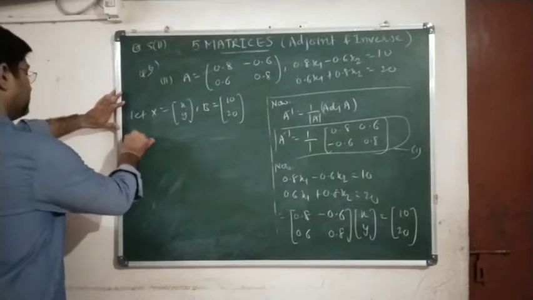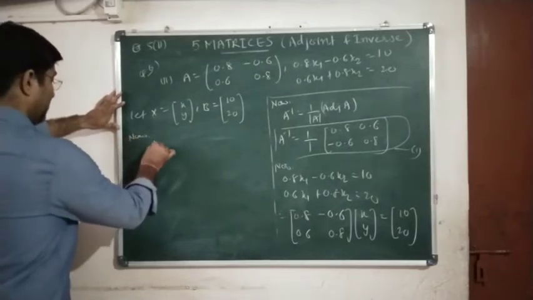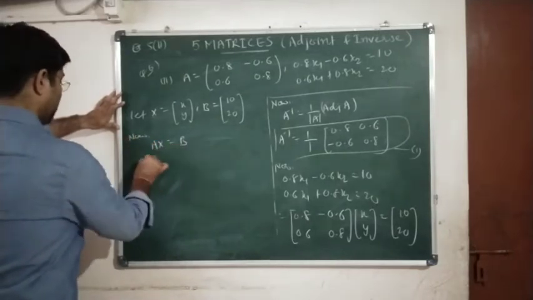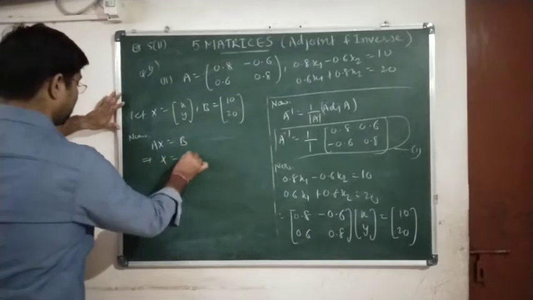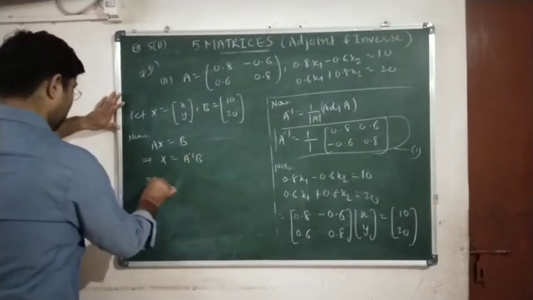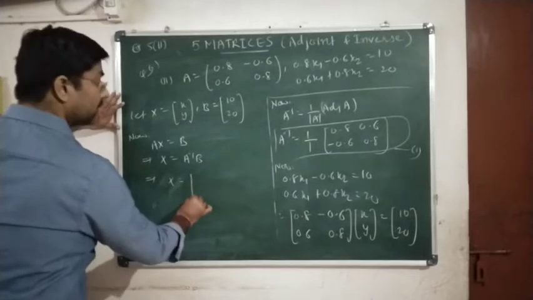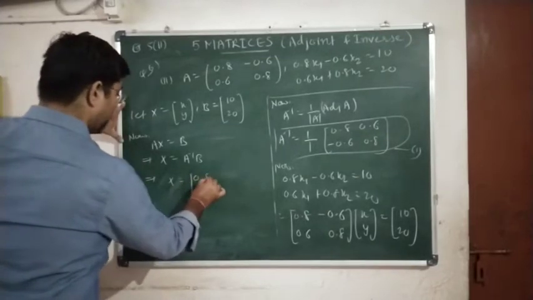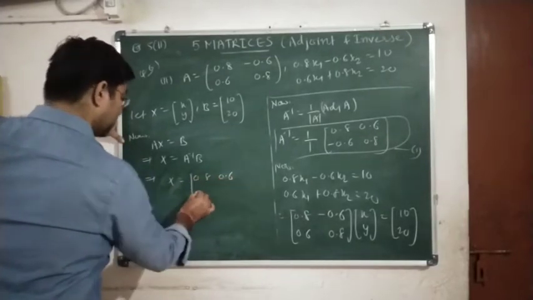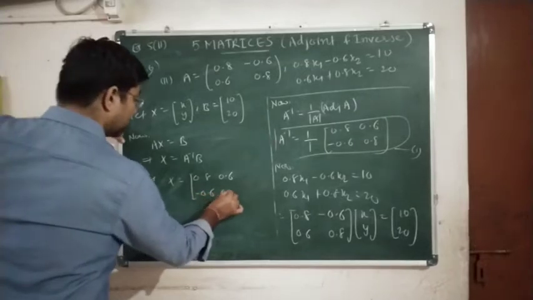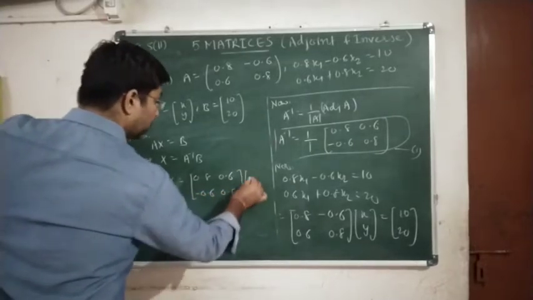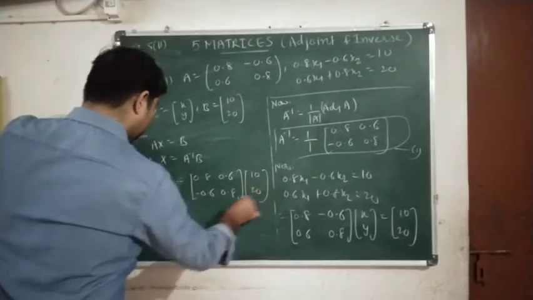Okay, now AX = B implies X = A inverse B, so X = A inverse, which is [0.8, 0.6; -0.6, 0.8], times B, which is [10; 20].